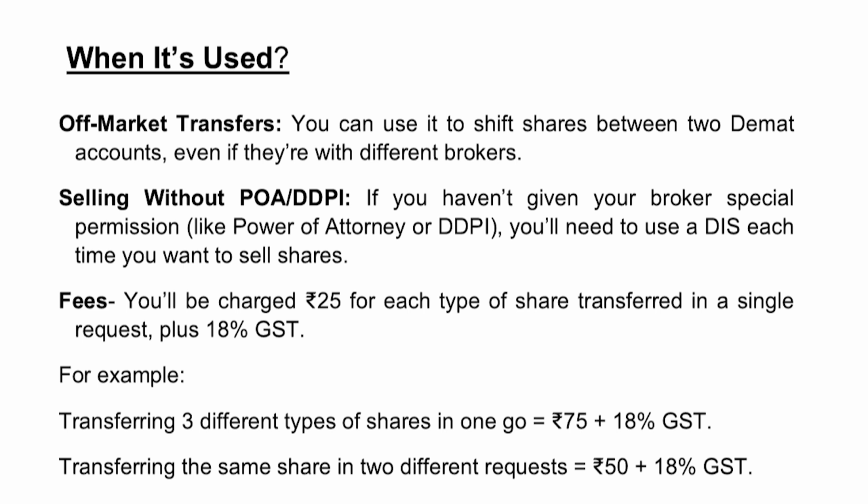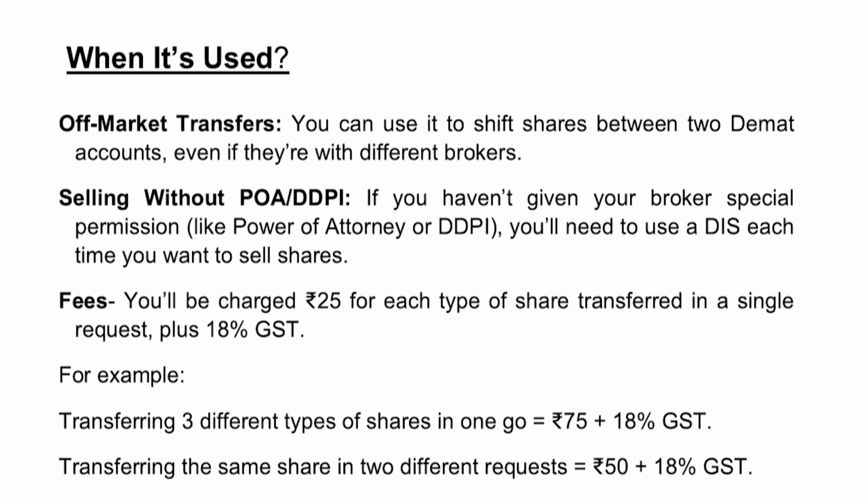Here, some fee charges are also involved in the DIS system. You are charged rupees 25 for each type of share that is transferred in a single request, plus 18% GST, for transferring the shares from one demat account to another.